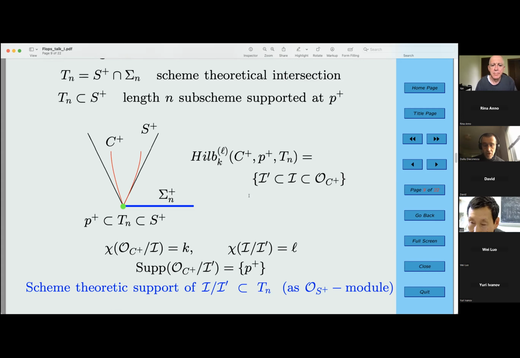You have a forgetful map. So as L and K vary, does it define some kind of multiplication, in particular on the invariant side?